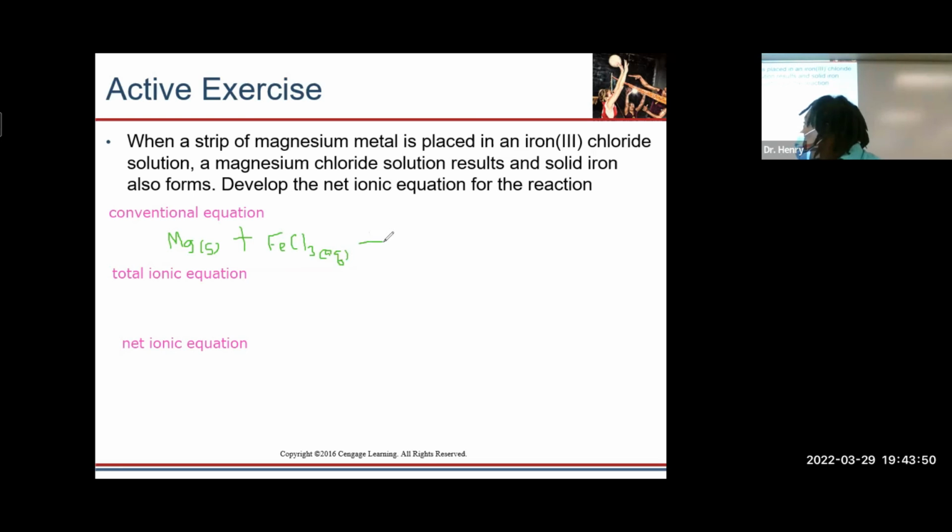Okay, and that's going to yield, so you said MgCl.